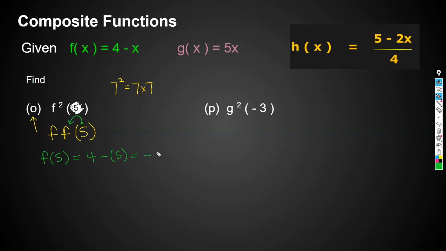We're going to get 4 minus 5, which is minus 1. So you see, we ain't doing nothing different. We're still working backwards. When we put 5 into the first f, we get minus 1. What do we have to do with that new answer? We have to put it back into f. It just so happens f is waiting behind that f.